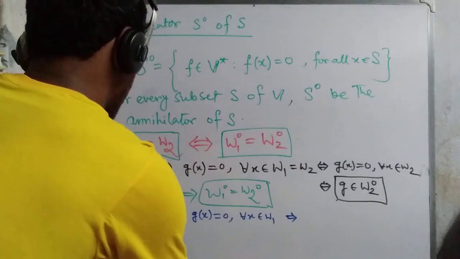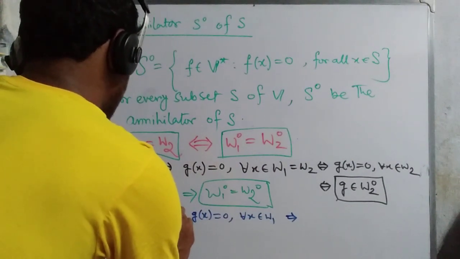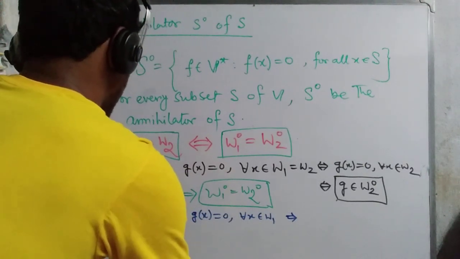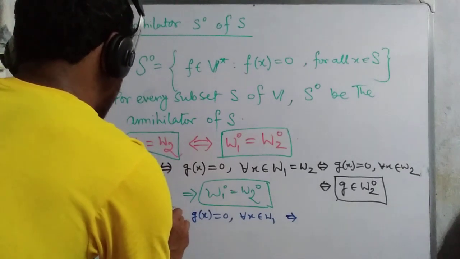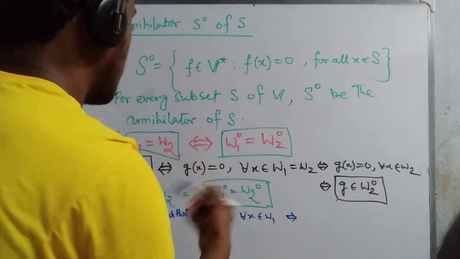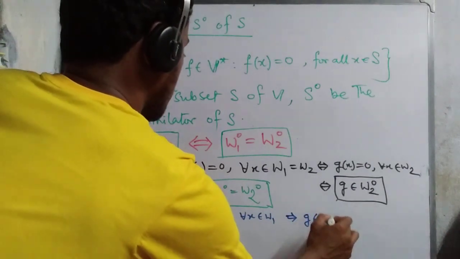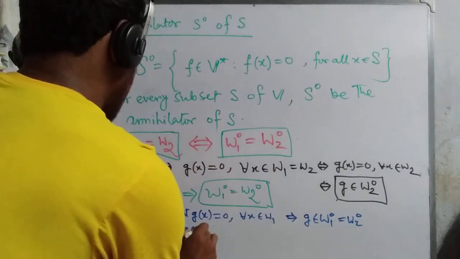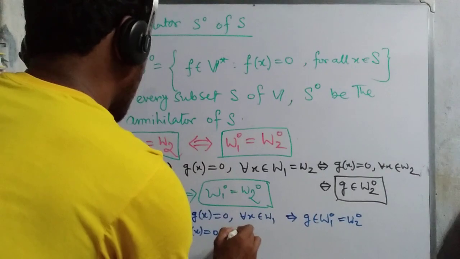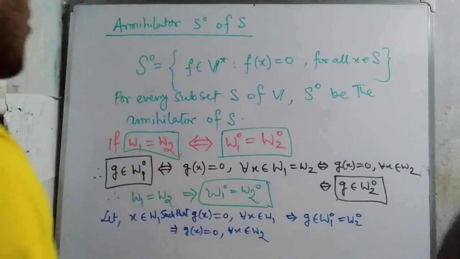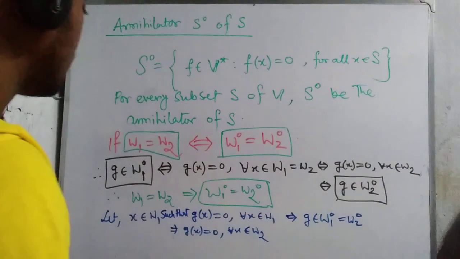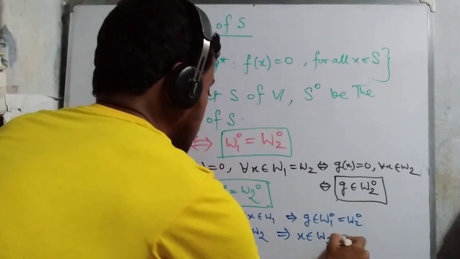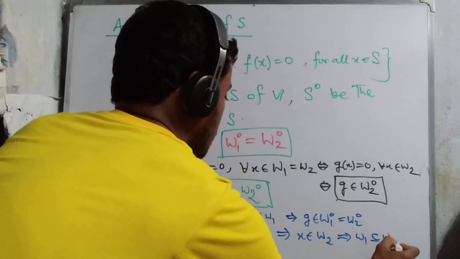Such that this one holds. Then g belongs to W1 naught, which equals W2 naught, so g(x) equals 0 for all g in W2 naught. Then this implies that x belongs to W2. This implies W1 is a subset of W2.